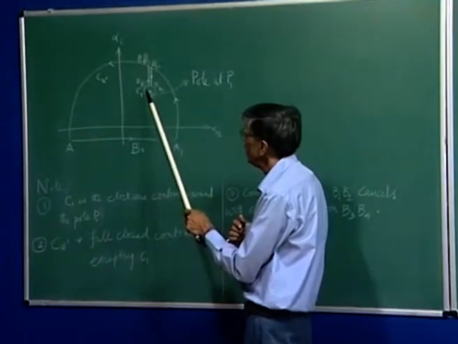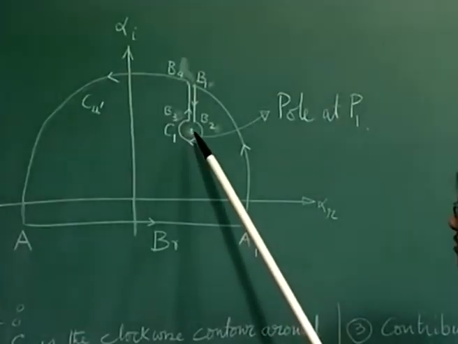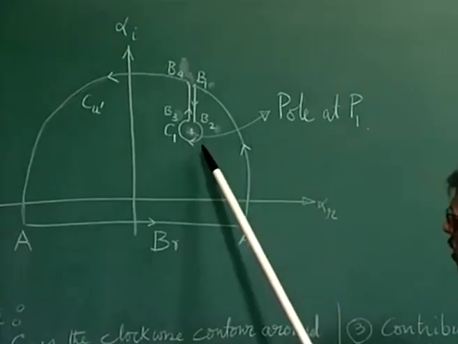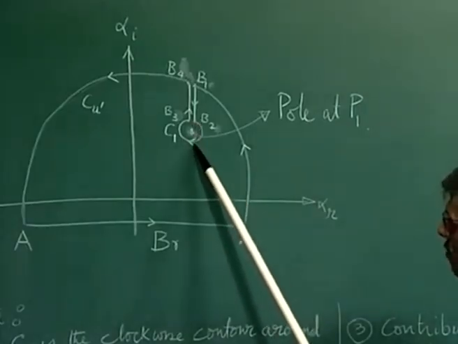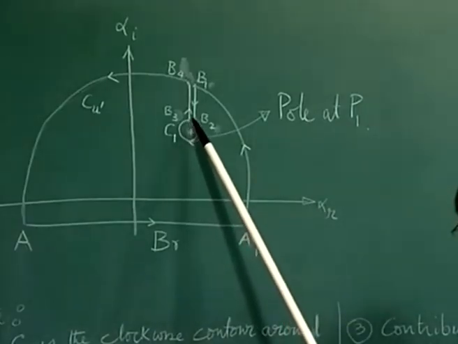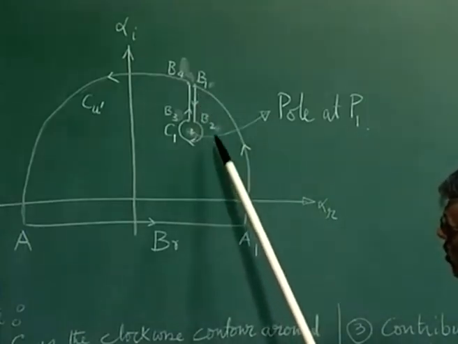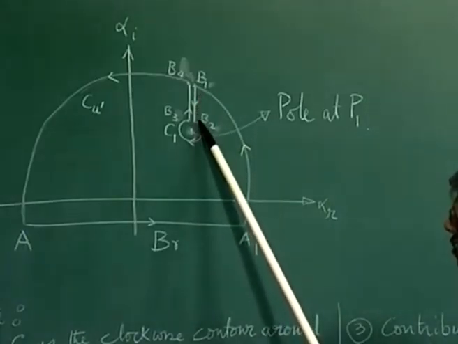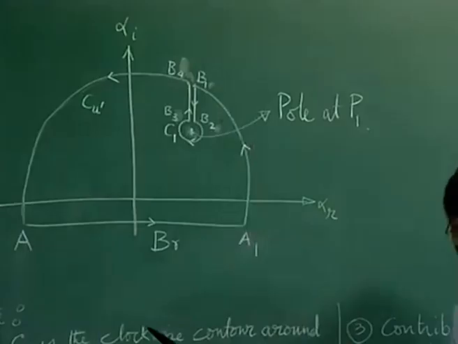The way we have designed the contour in a very specific way, the pole at P 1 is circumvented by indenting a contour around, which is joined with the main contour with this vertical line B 1, B 2 and B 3, B 4, right.